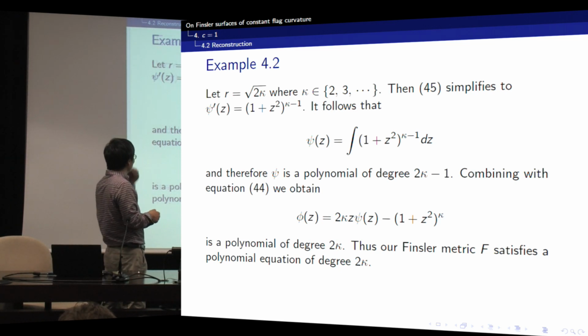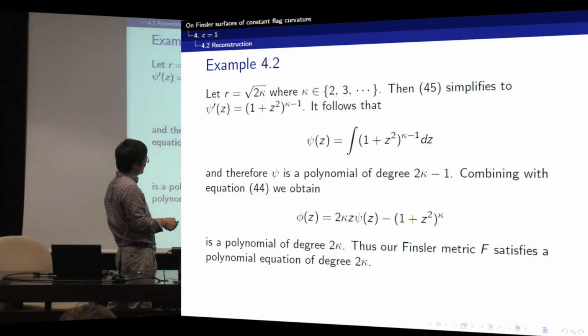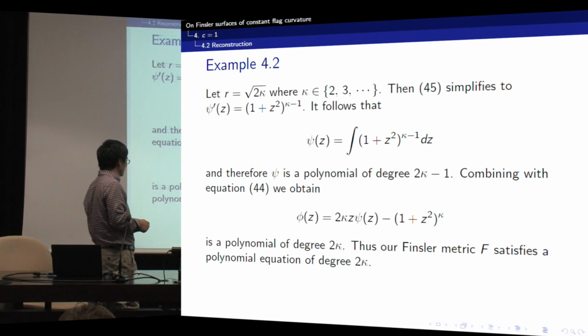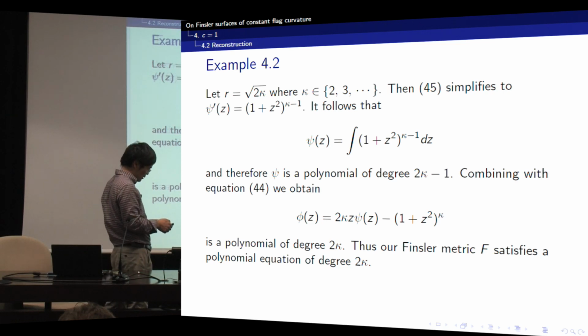Combining with equation (44), we obtain φ(z) = 2κ z ψ(z) − 1 + z^(2κ), which is a polynomial of degree 2κ. Thus our Finsler metric F satisfies a polynomial equation of degree 2κ.